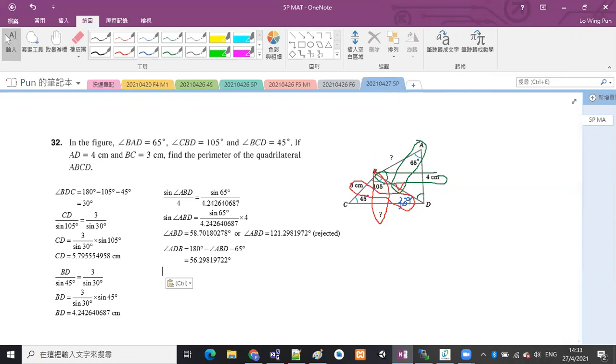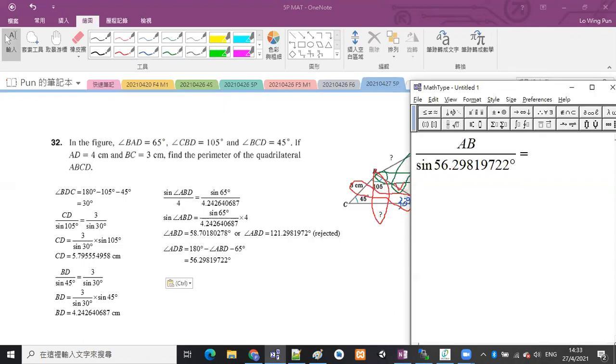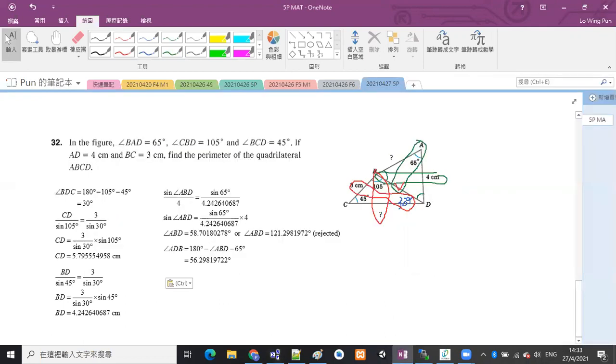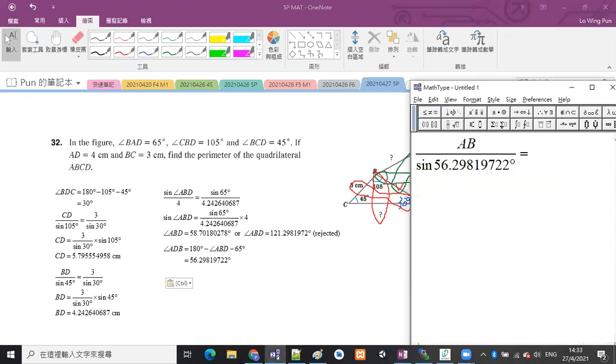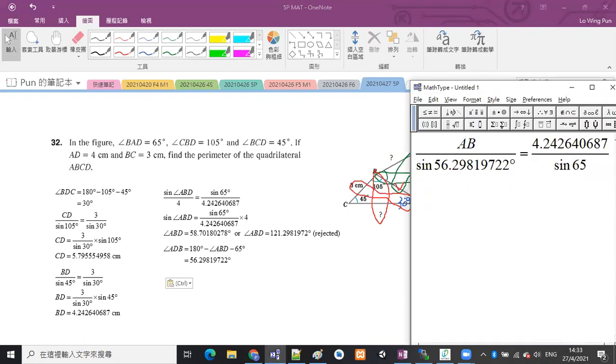But we cannot avoid this. So just choose another pair. It's equal to DB over sine 65 degrees, DB being 4.242640687.